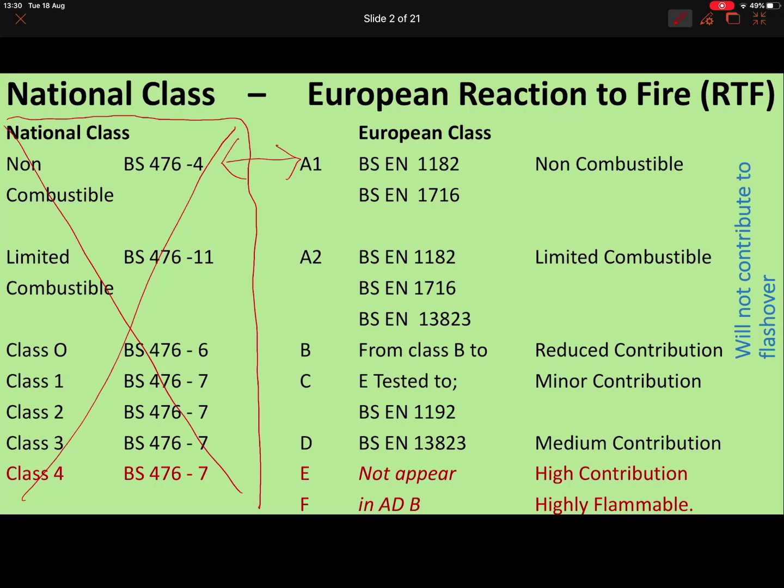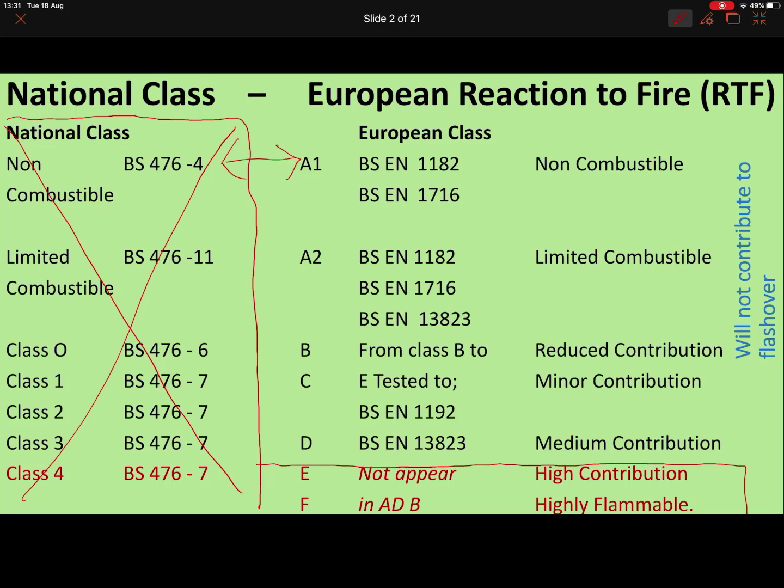But that is, well, it's according to the guidance that's behind us, but I'm sure there will be decisions to be made in the future in relation to products that haven't been tested to the European class. Anyway, what we have is 5 classifications and 4 tests.